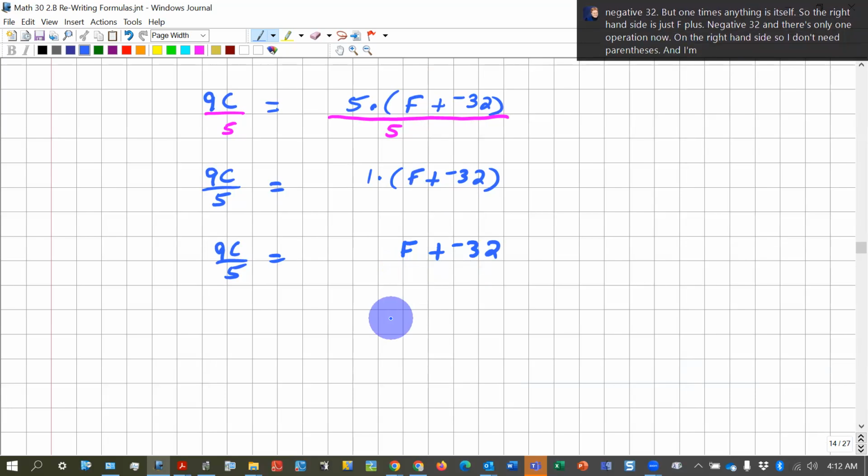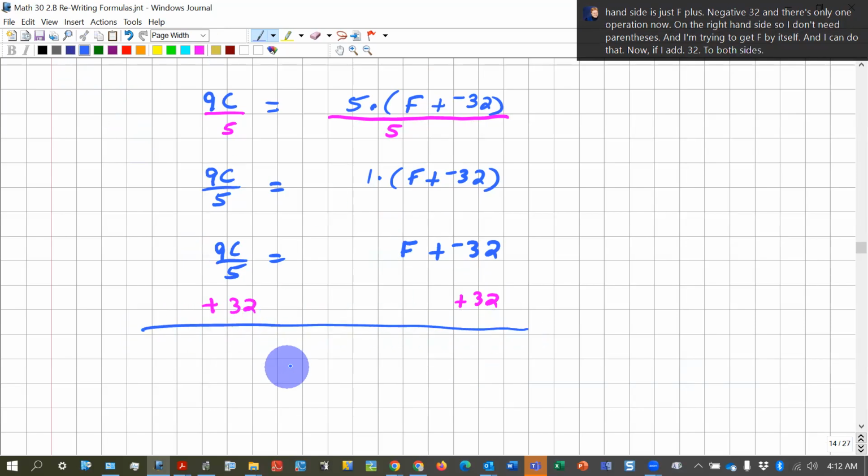And there's only one operation now on the right-hand side, so I don't need parentheses. And I'm trying to get F by itself. And I can do that now if I add 32 to both sides. Draw the bar, equal sign straight down.